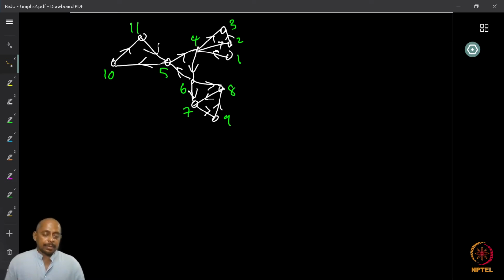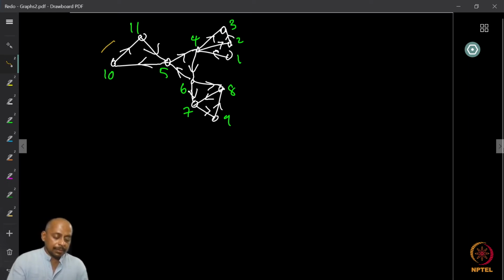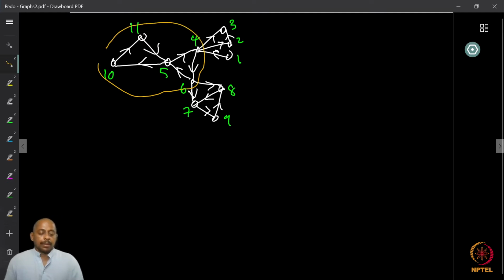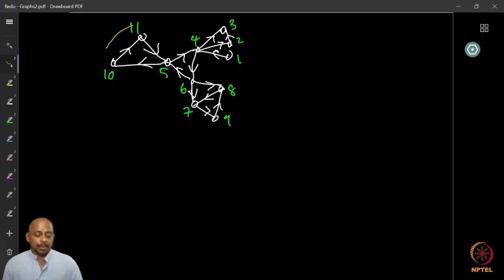Now if you look at this, can you find the strongly connected components? Think about this for a minute before you look at the solution. It's fairly easy. You can verify that this part, including the vertices 4, 5, 6, 10, and 11, forms a strongly connected component, because you can go from any vertex to any vertex.